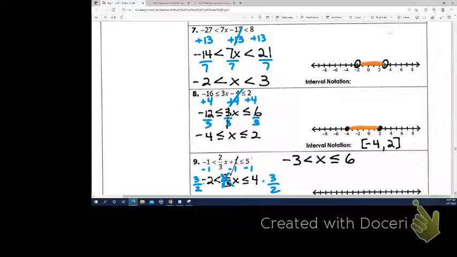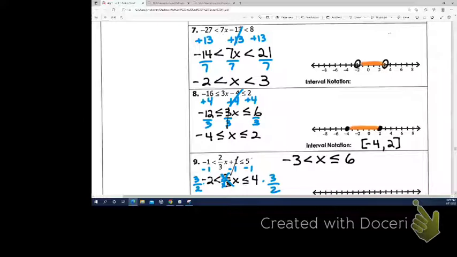Once x is alone, that's how I know I'm done, right? It starts out with 2 symbols. It still needs to have 2 symbols at the end. So don't try to get rid of one of those numbers. If it starts out as a compound inequality, it's still going to need those numbers.